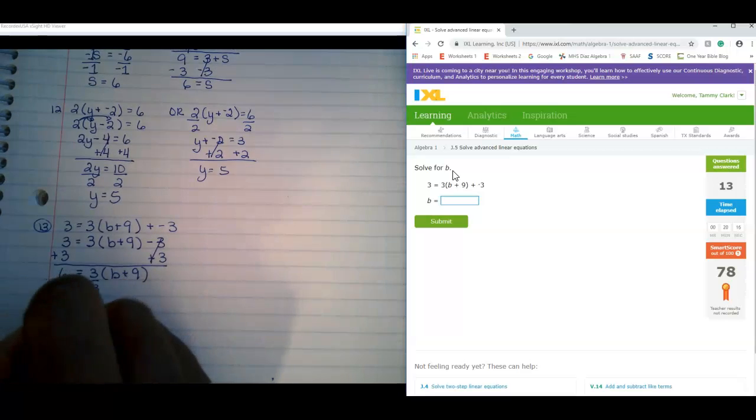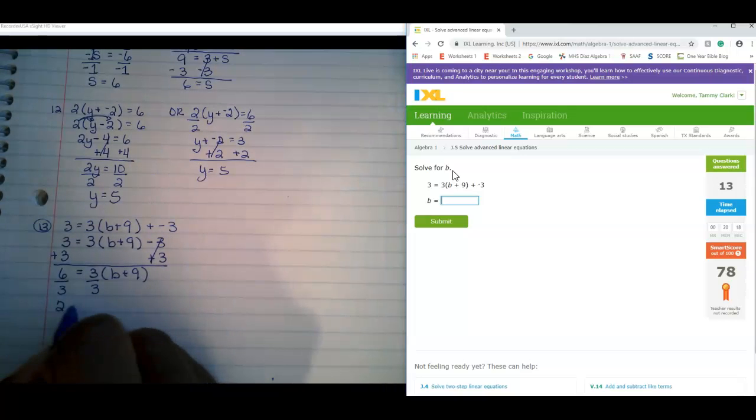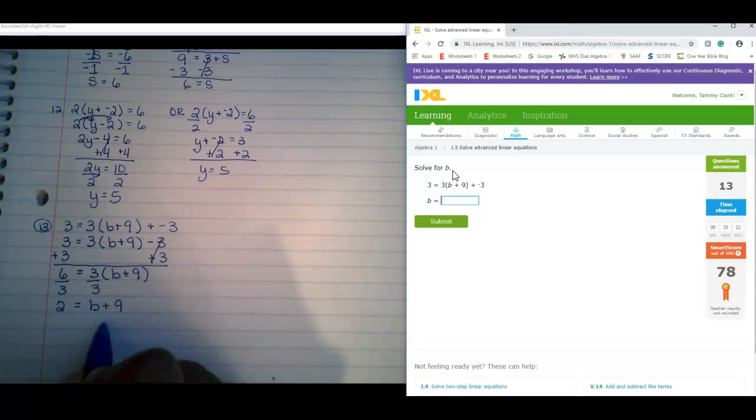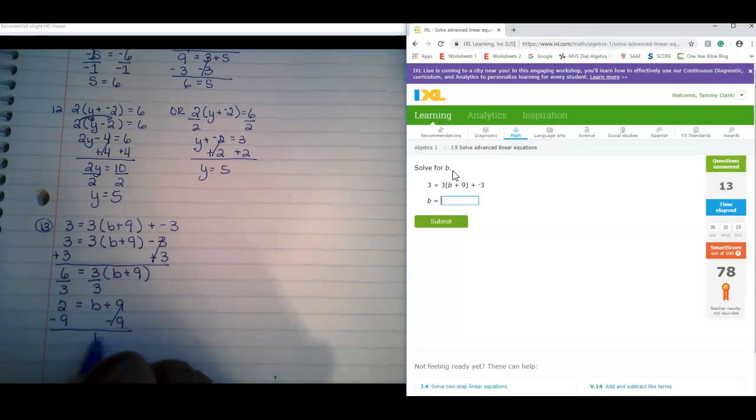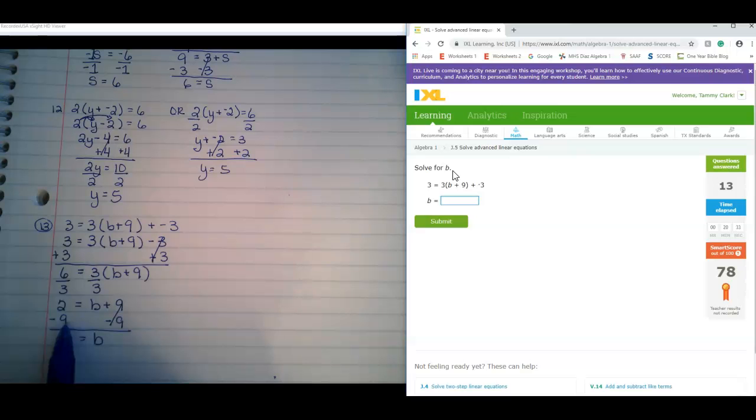Divide by 3, divide by 3. That gives me 2 equals b plus 9. And then I'm going to subtract 9 from both sides of the equation. And that gives me b is equal to, well, 9 has the advantage and it's negative, and it has the advantage by 7. So my answer would be negative 7 equals b.